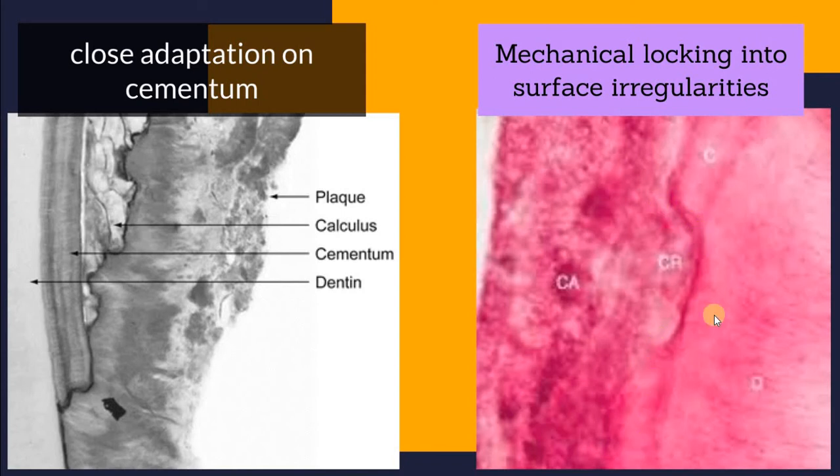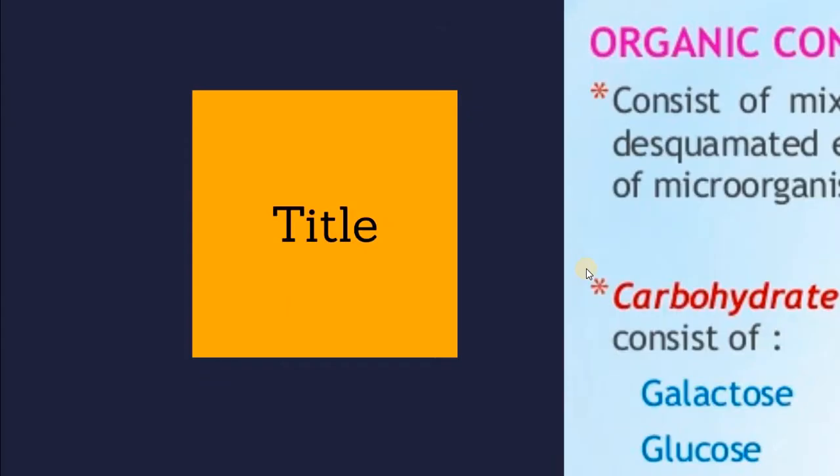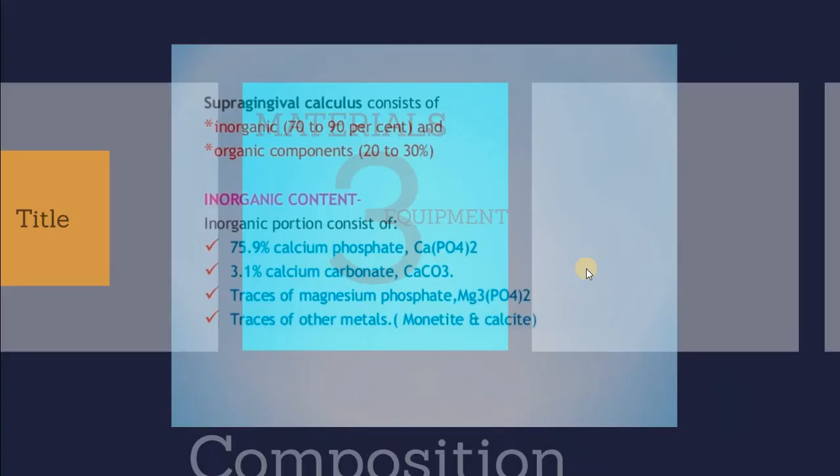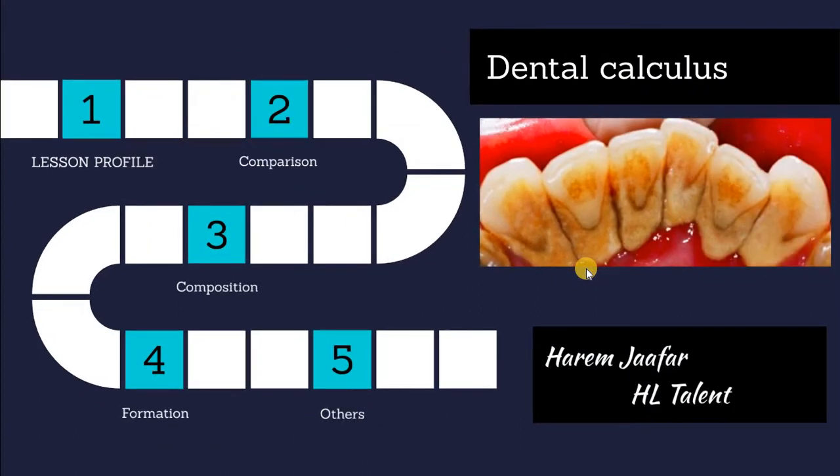This is the cementum layer, and we have this disruption or irregularities on the surface of the cementum, to which the calculus is attached. This is regarding the ways of attachment of calculus to the tooth surface.